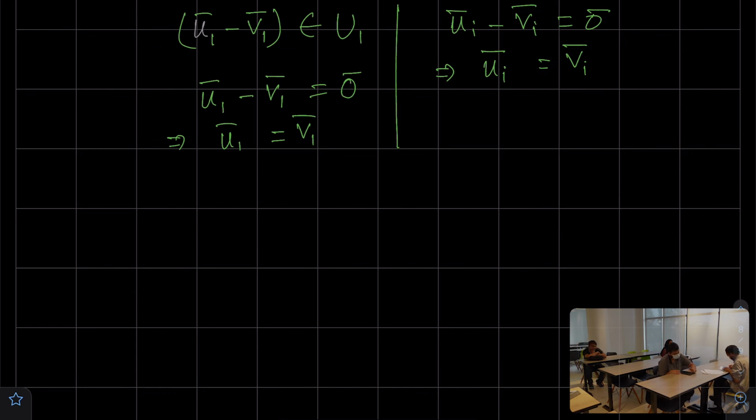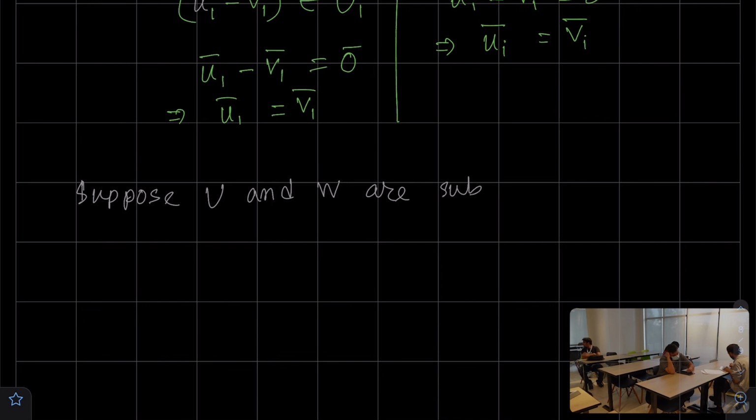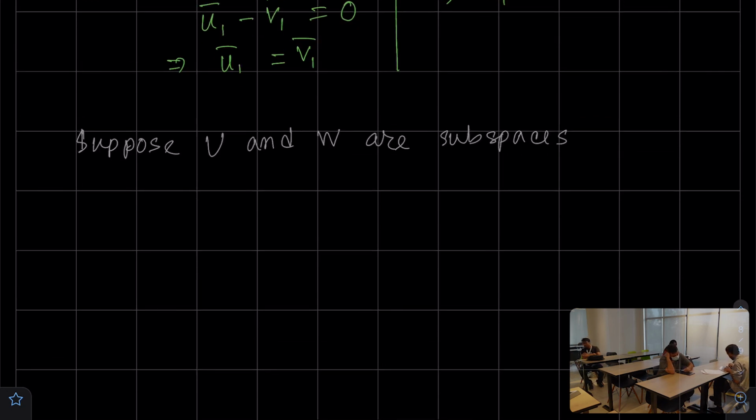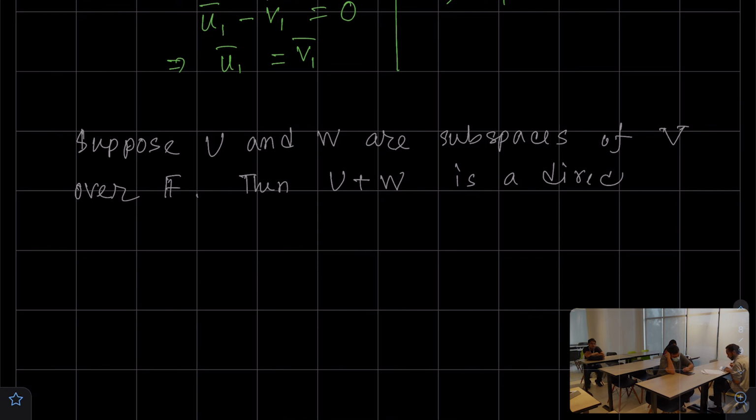Direct sum. Suppose U and W are subspaces of V over the field F, then U plus W is a direct sum if and only if U intersection W is equal to the 0 vector.